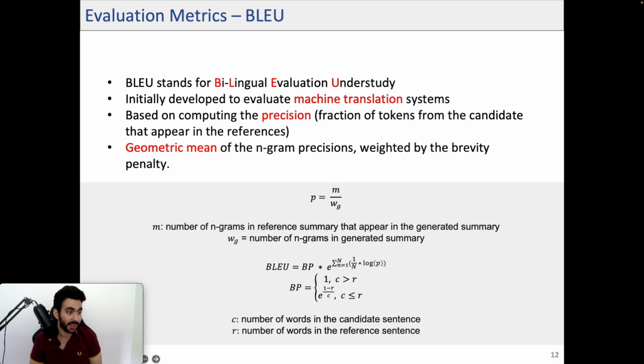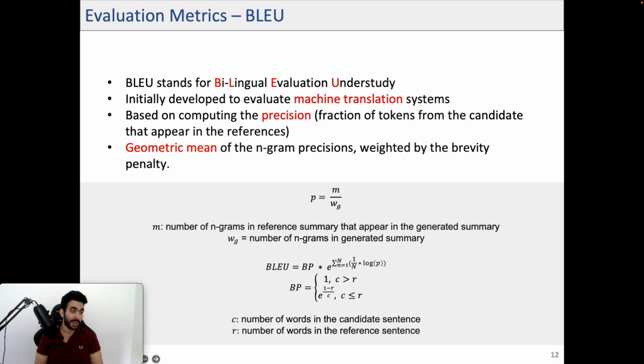Precision is covered by the number of n-grams in the reference summary appearing in the generated summary, denoted here by m, divided by WG, which is the number of n-grams in the generated summary.